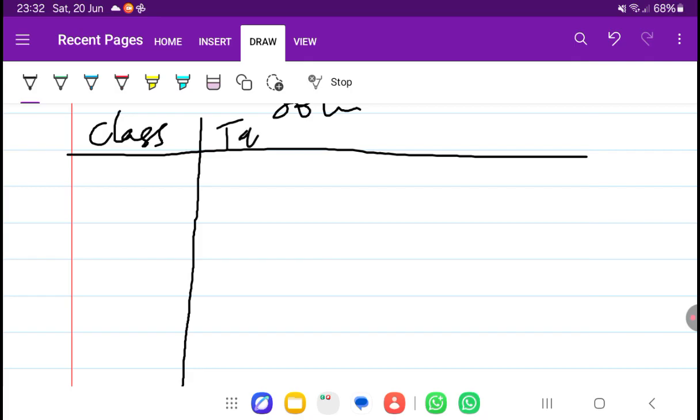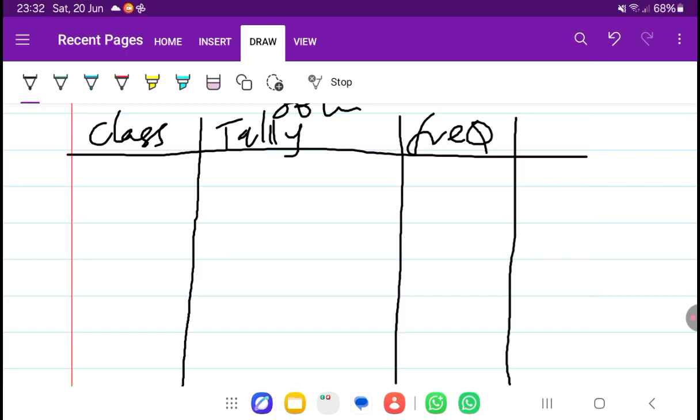We have the tally. We said we make the tally a little bit bigger. Then we put the frequency. Frequency we can make it short like that. But they also told us to get the relative frequency. Maybe you can put that relative frequency there.